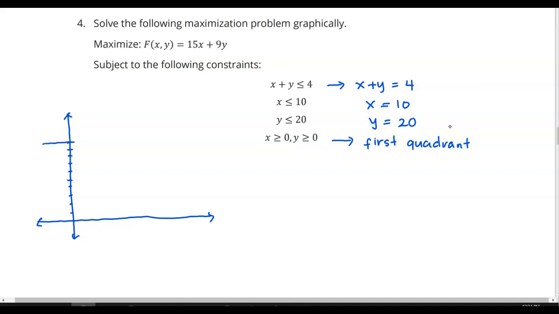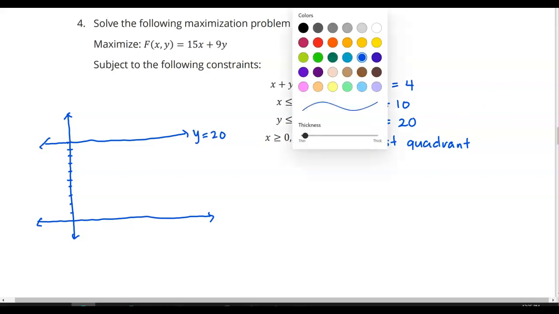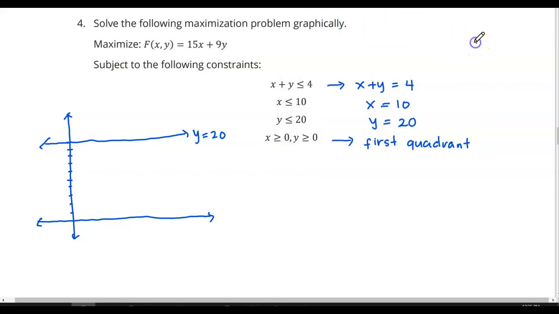This would be our graph for the line y equals 20. And then for x equals 10, let's consider a different color here. 2, 4, 6, 8, 10. So this is this line here. That is for the line x equals 10.